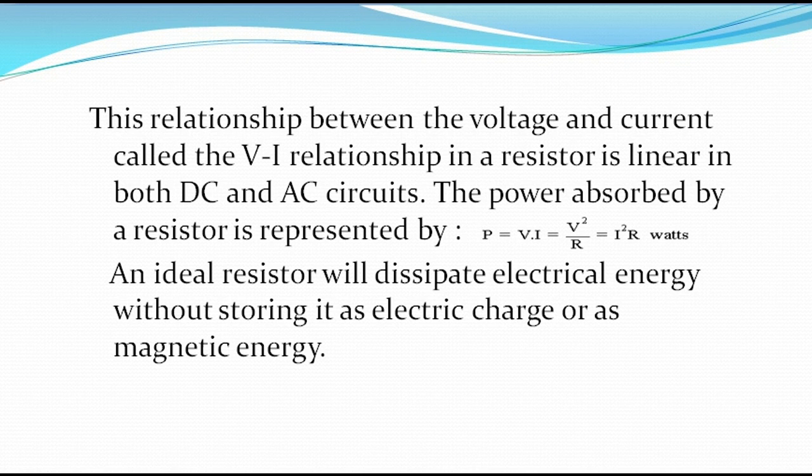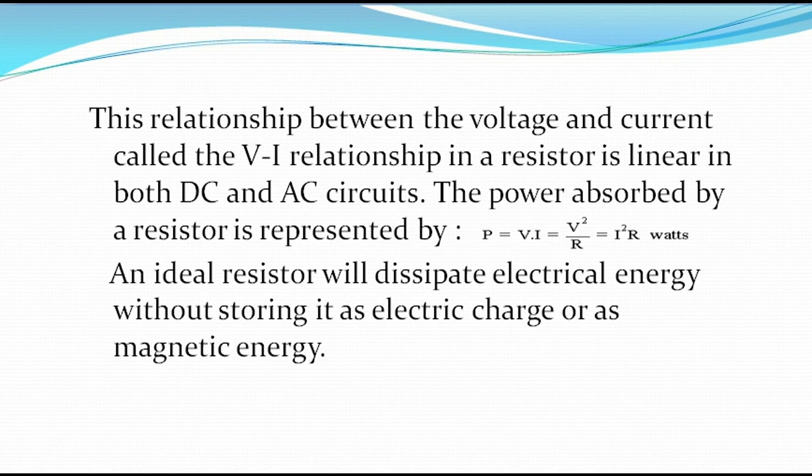Now, after all the calculations have been done, at the end of it, the unit of power is in watts, and we have current squared multiplied by resistance, which means that the voltage has been eliminated. The power absorbed by the resistor is represented by this, and in that process, voltage has been eliminated.